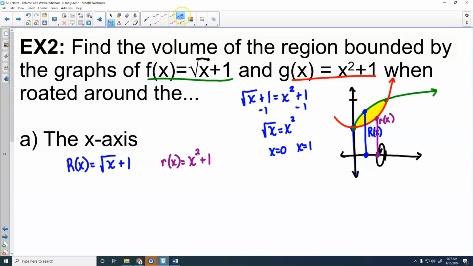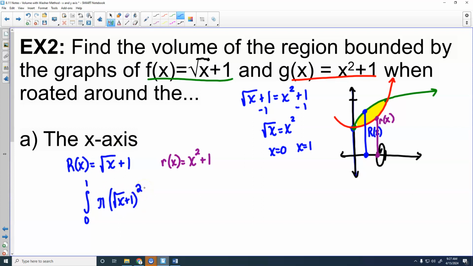So I'm going to put a little bit of this together. Our limits here, what would they be? 0 to 1. Okay, we're looking at the x-axis. Those are our intersection points. And I would have pi times the outside radius, square root of x plus 1, squared.